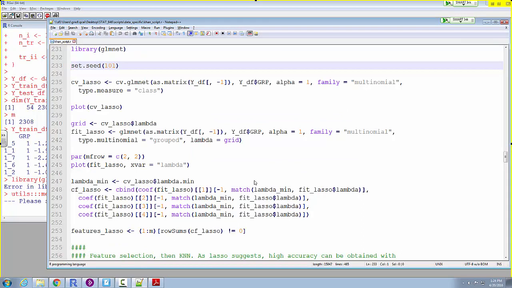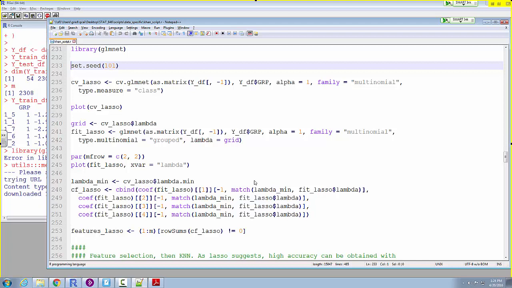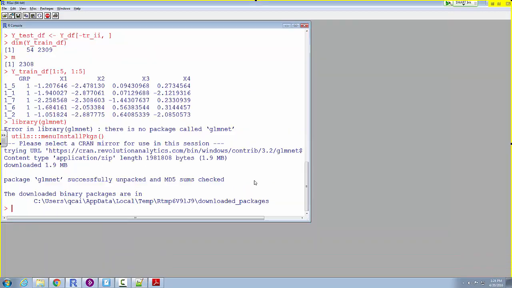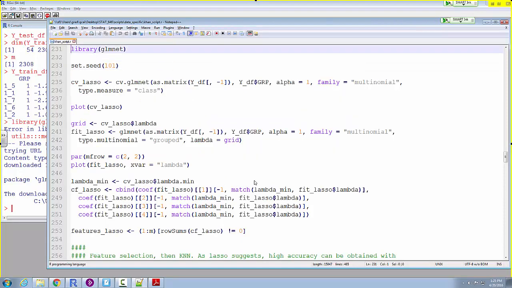We're going to use the cv.glmnet function to perform cross-validation and tune the model. Okay, so let's see if this will work for us.